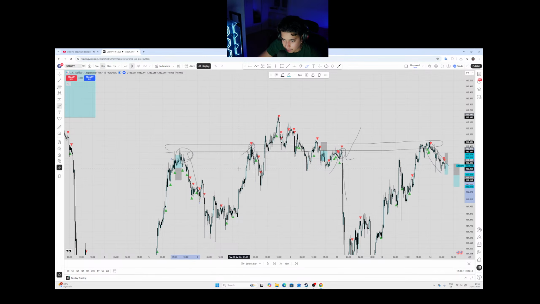Market rejected here, came up, big dump, rejected again, came up, big dump, right? So this area was not that strong like this area. If the market was on this area, I would not have entered this trade. But the trade was on this area, right?